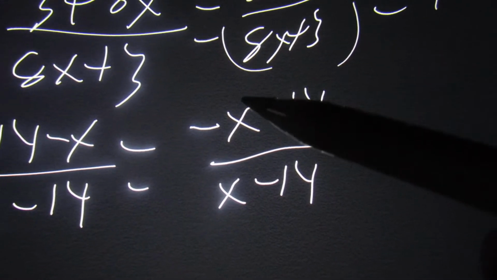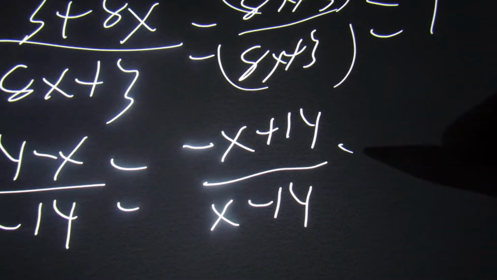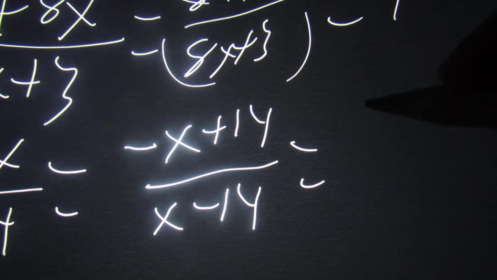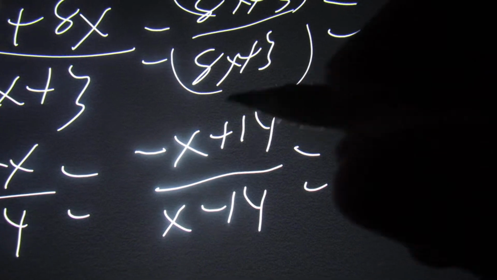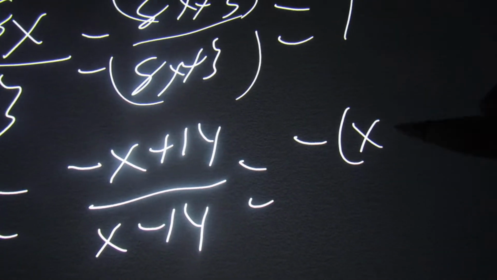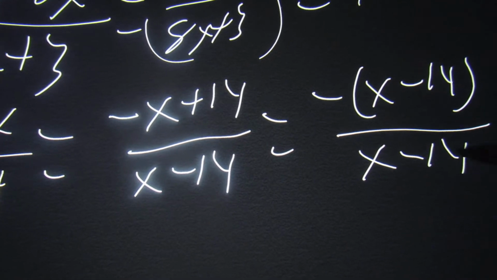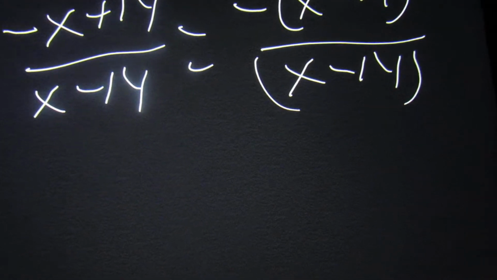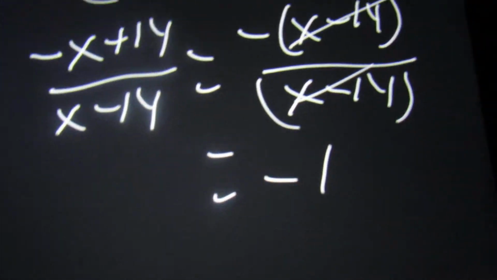So now we can't do anything yet, but what we can do is factor out this negative 1, like I had said that we can do. So minus this negative x becomes positive x, this positive 14 becomes minus 14, and it's all over x minus 14. Put that in parentheses. These all cancel, and we're left with negative 1.